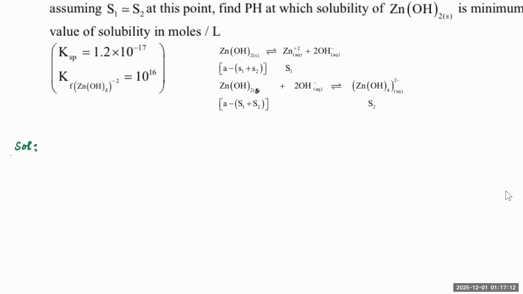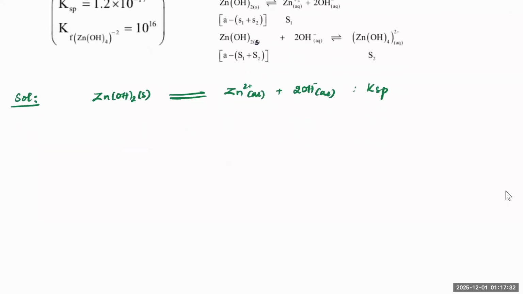Zn(OH)2 solid is in equilibrium with Zn2 plus aqueous plus 2 OH minus aqueous. The equilibrium constant for this is Ksp.